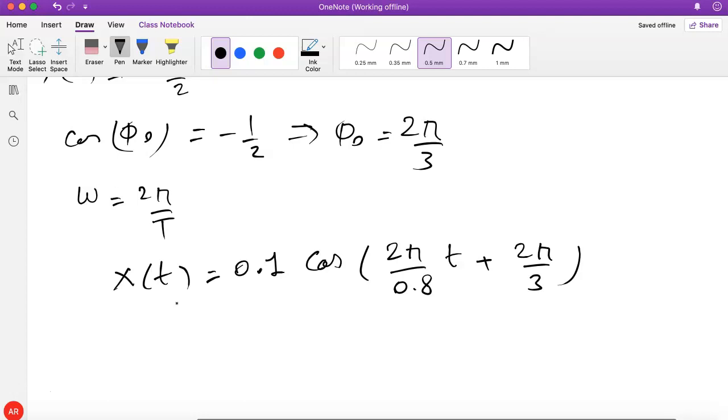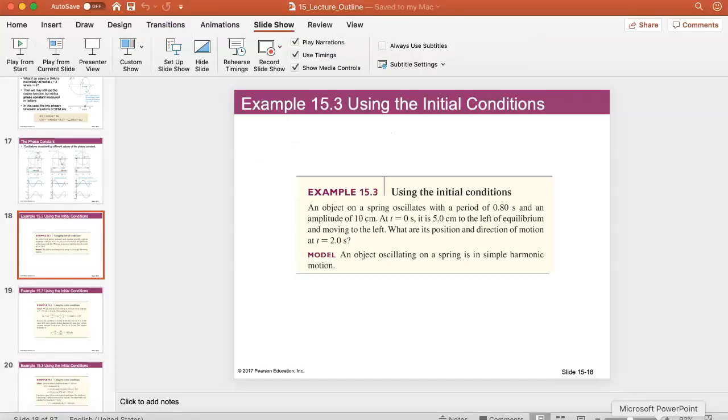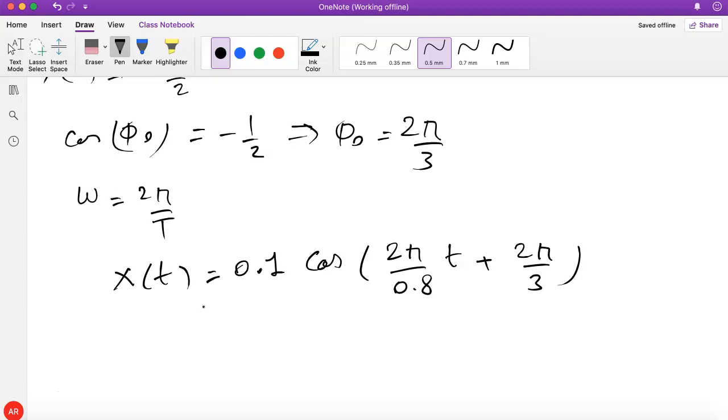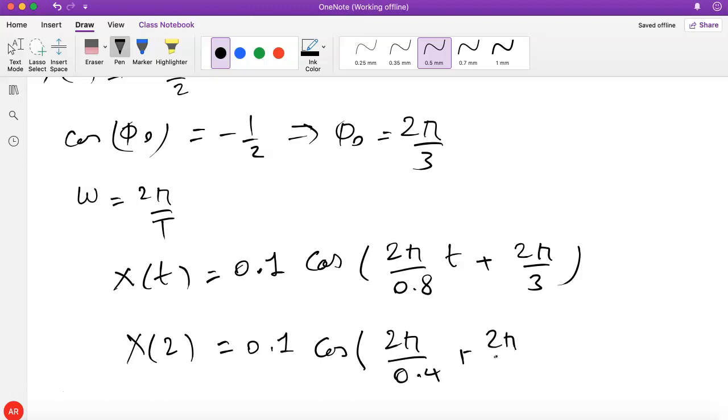And then we can just plug in some numbers. So I guess the problem is asking about, what is it asking about? T equals 2 seconds. So if t is equal to 2 seconds, we get x of 2 is 0.1 cosine of 2 pi over 0.4 plus 2 pi over 3.